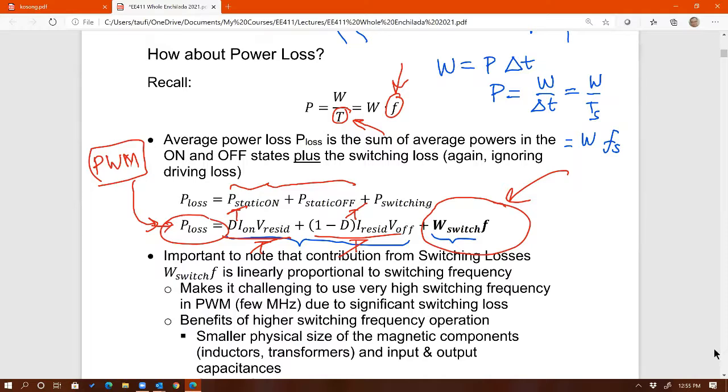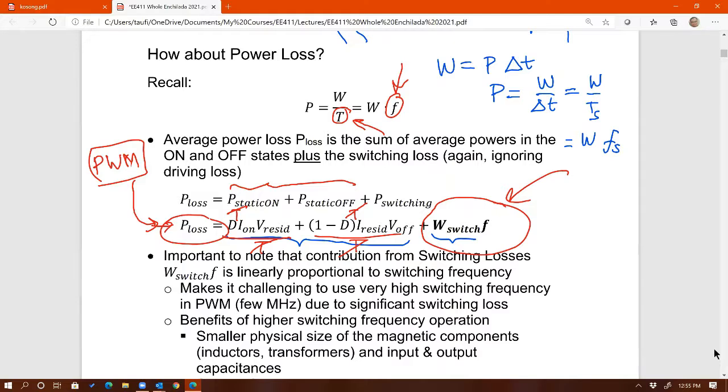Because theoretically, or ideally, I should say, we want to keep pushing switching frequency. Now you know one of the reasons why we cannot just increase switching frequency if you use PWM. Well, number one, because of the limitation of the device, right? MOSFET can only switch at a certain max frequency.